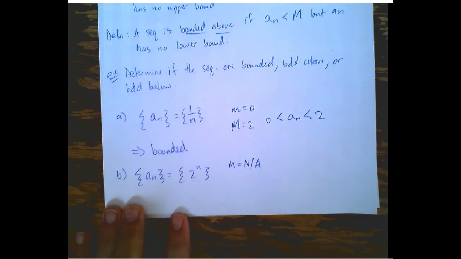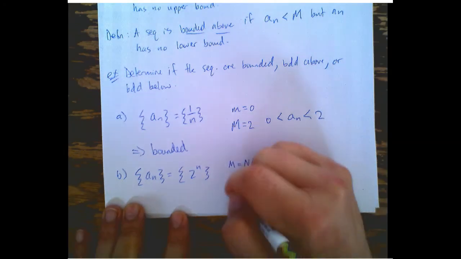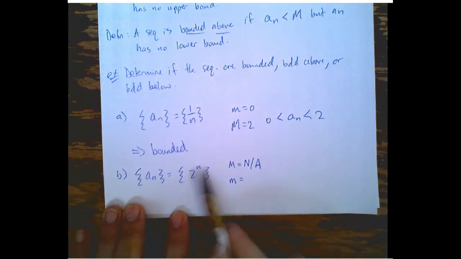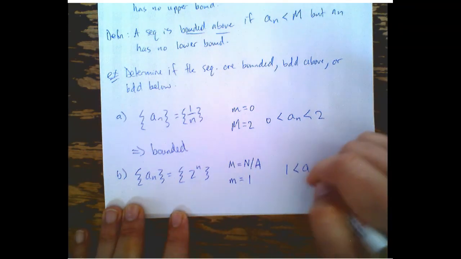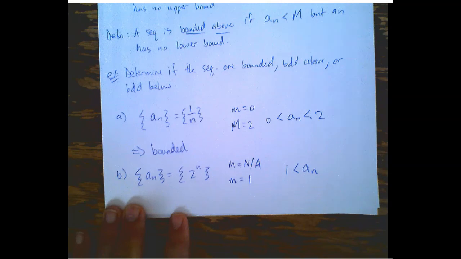However, is there a lower bound? Is there some lowest value that we can't go past? Well, the lowest that the sequence can pump out is 2, right? When n is 1, the lowest value we get is 2. Otherwise, it increases from there. So a number that is a lower bound could be 1. All the terms of the sequence are bigger than 1.